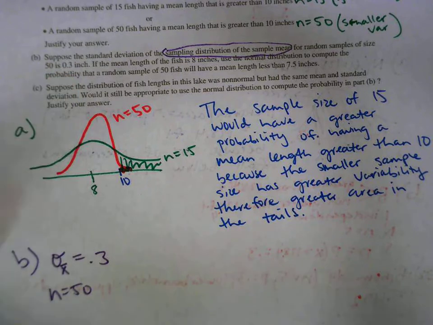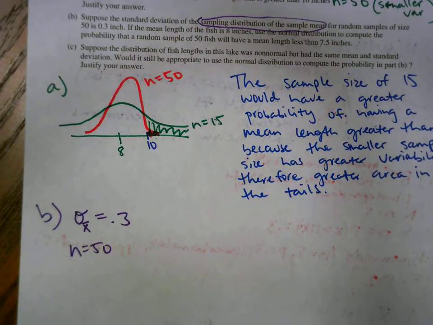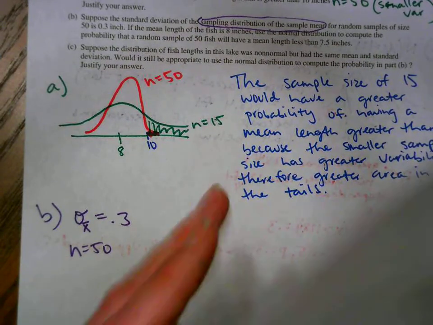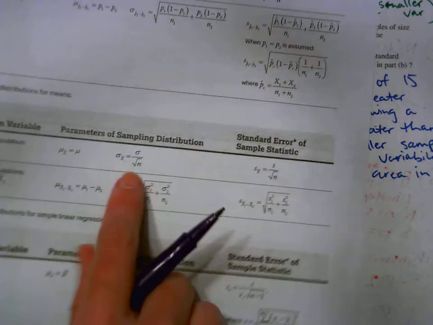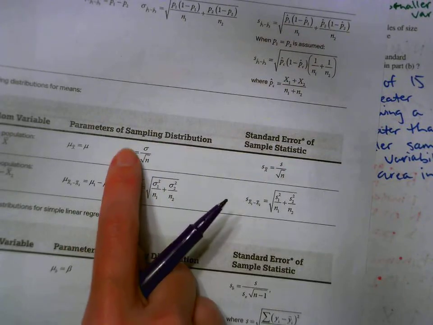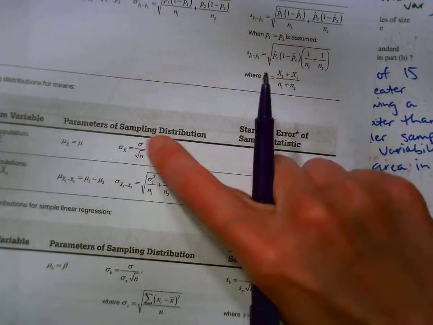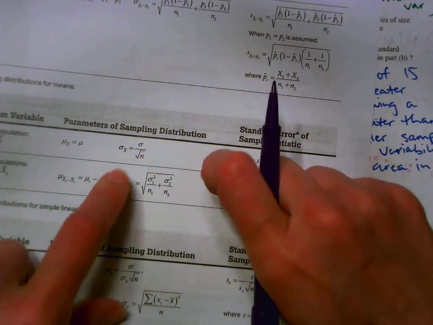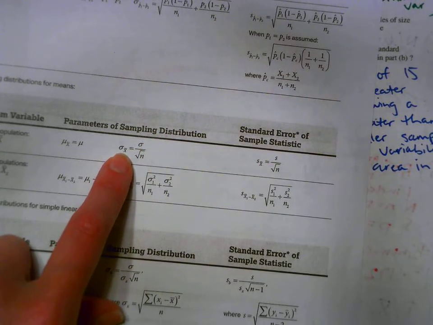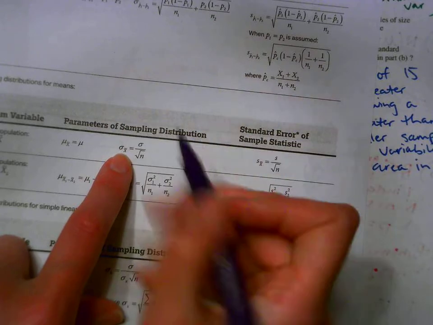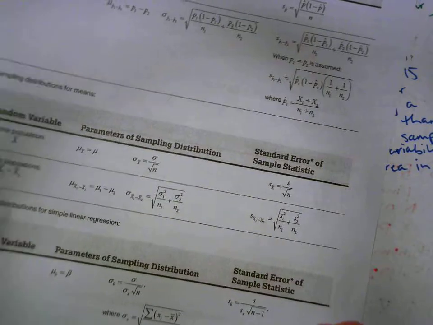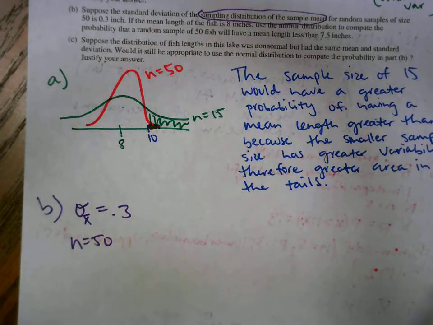So you're not going to have to use this formula because they gave you that value. They didn't give you the population standard deviation, they gave you the standard deviation for your sampling distribution. So be careful on the wording there.